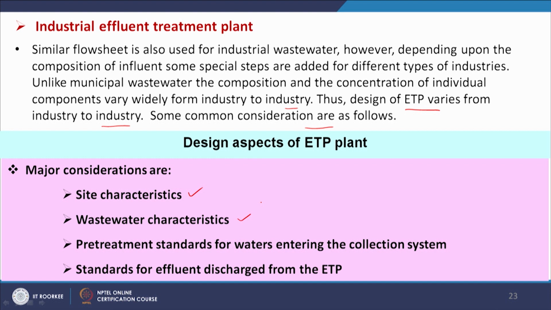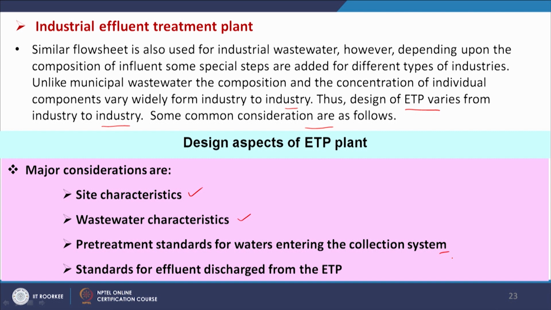Where is the site, and whether this site is flood prone or not. In a particular premise, whether it is lowland or not. That way we have to see the sites, and then the pretreatment standards for wastewater entering the collection system.